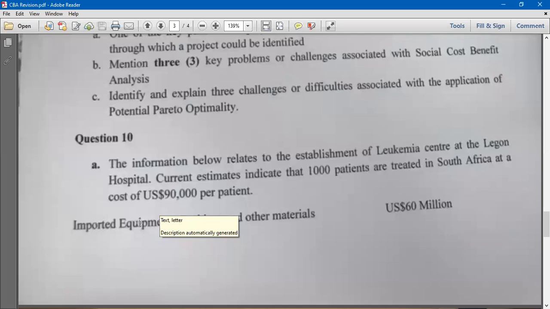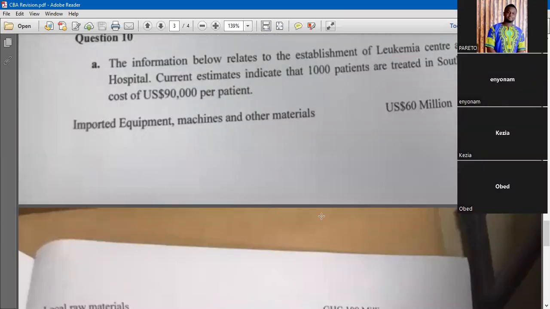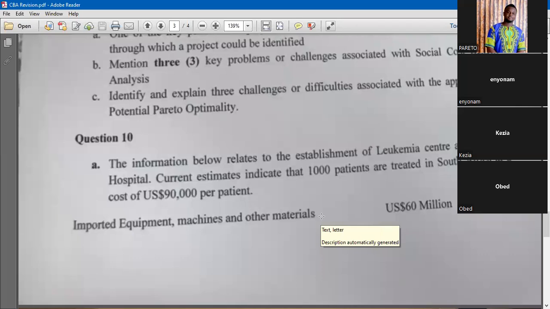Or we can import the raw materials, then come and produce the output in Ghana, and it's going to cost us 60 million. Or we can choose to use our local staff to do the project. So the whole rationale is to calculate the domestic cost ratio that is saved.